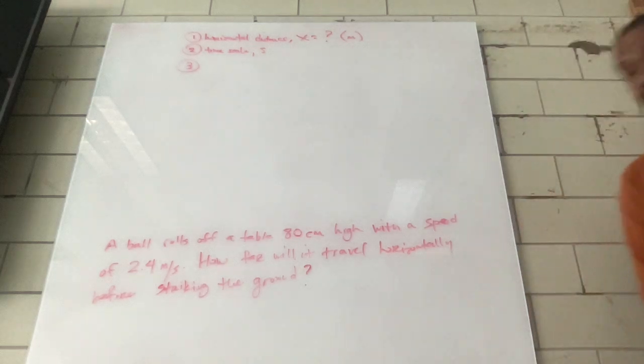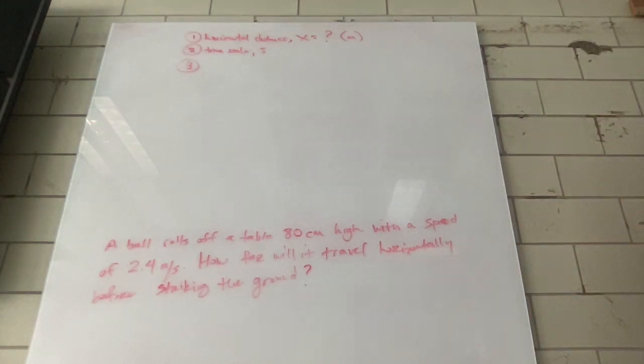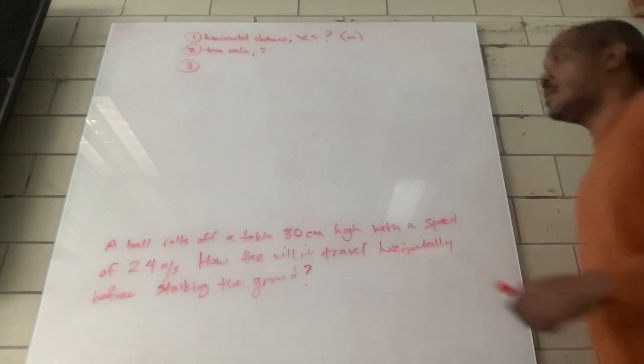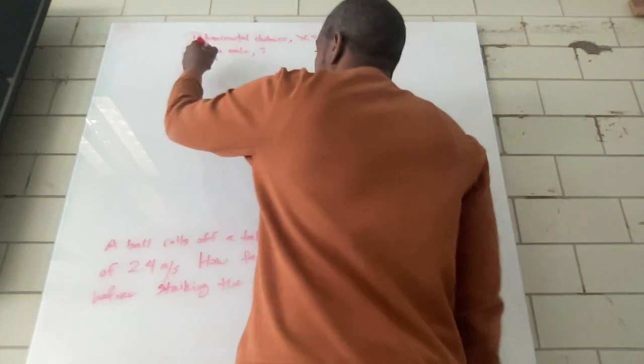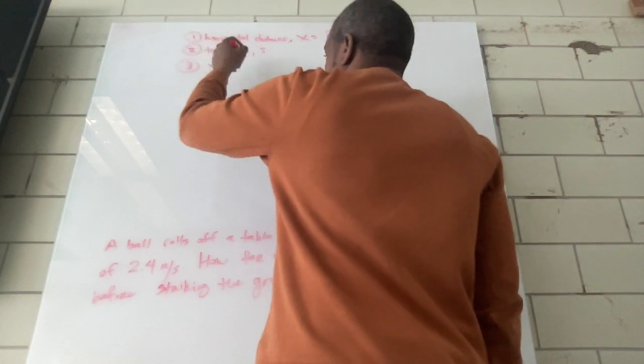The ball rolling on the table, 80 centimeters. What does that represent? The height. So the height of the table, we'll call that Y, right?